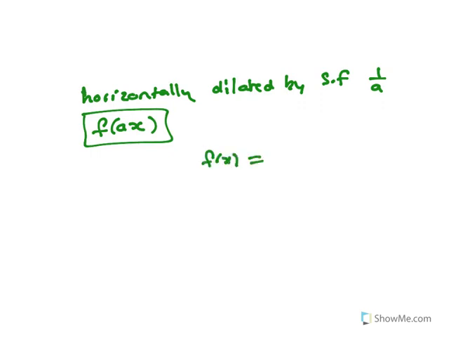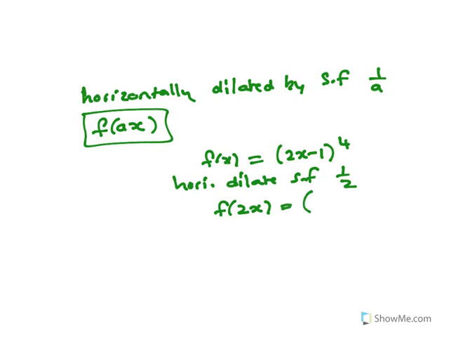So if your f of x equation is 2x minus 1 to the 4, and you want to horizontally dilate by a scale factor of 1/2, then it would be f of 2x that you're subbing in for the x value. So you need to bracket it and put it in for the actual x value. That means your new graph would be 4x minus 1 to the 4.